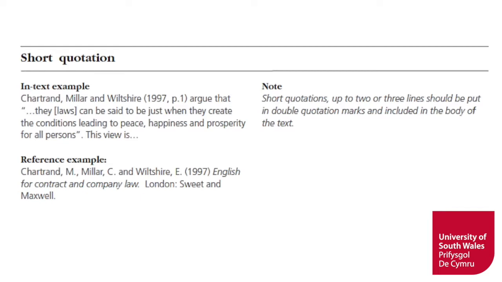So if you do include quotations, and try to avoid including too many quotations in your work, but if you do, short quotations, less than 40 words, double quotation marks, name of the person who's quoted, year of publication, plus the page number you've got it from.